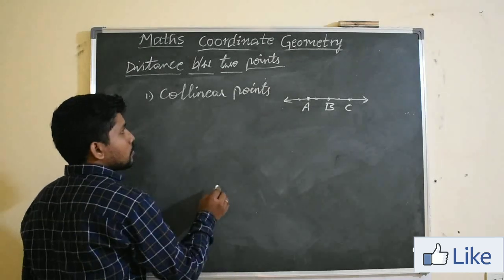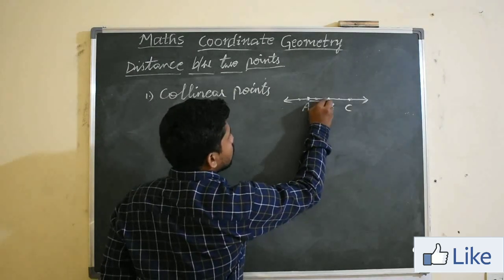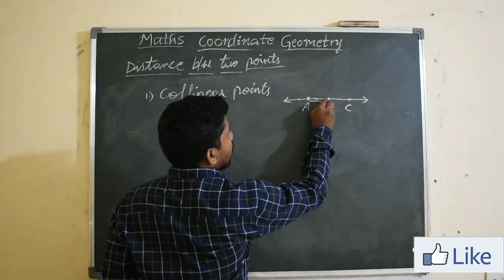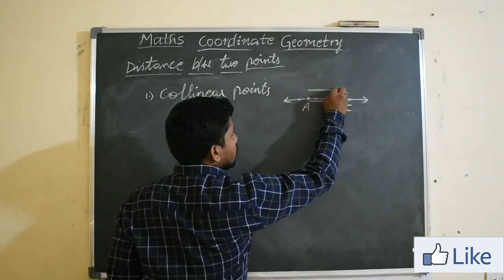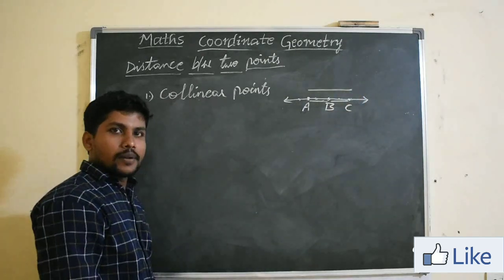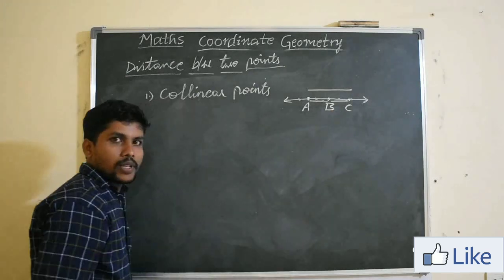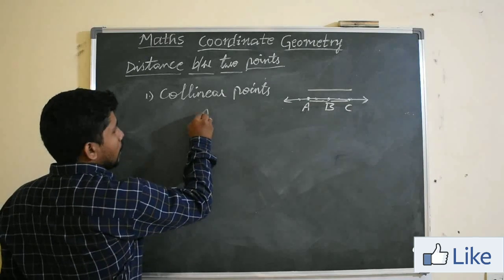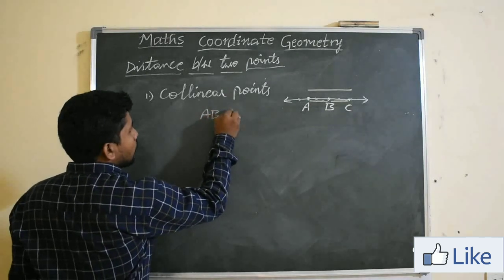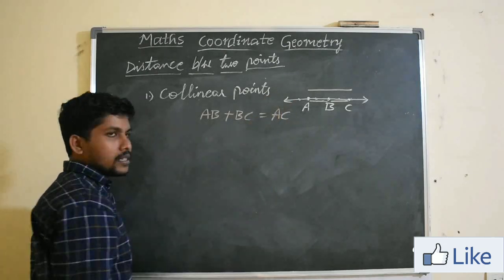If you clearly observe, the distance AB, if you add the distance BC, should result in the distance between A and C. So that is the condition. If they are in the order A, B, C, then the condition must be AB plus BC equals AC.